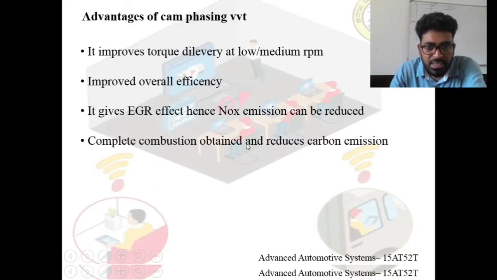And complete combustion is obtained and reduces carbon emission due to high duration advanced opening of the inlet valve. It will make all the fuel burn, so the combustion process will be completely done, so we can reduce the emissions, mainly carbon emissions. Okay.